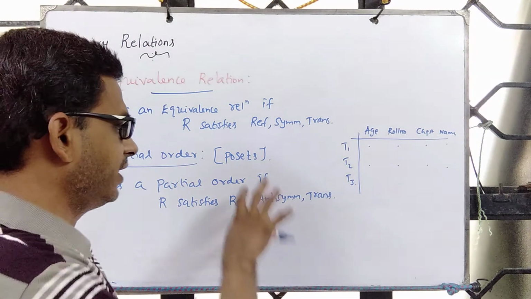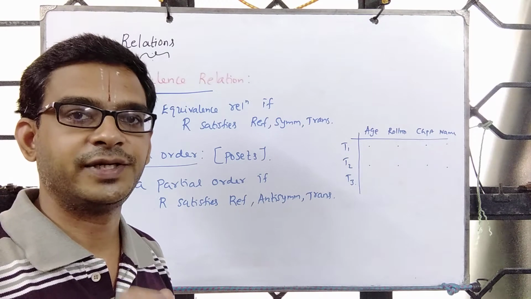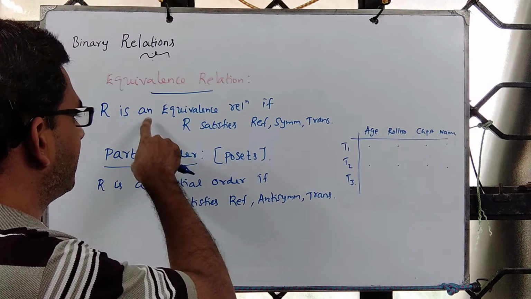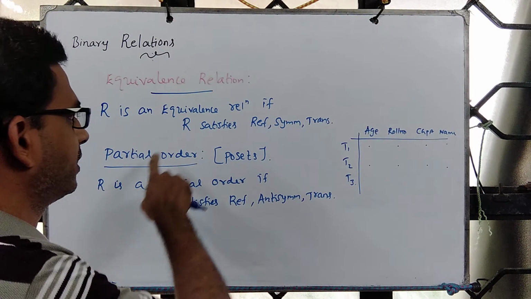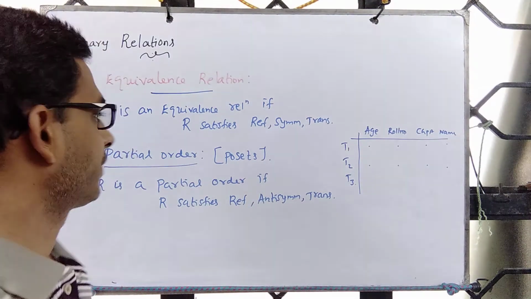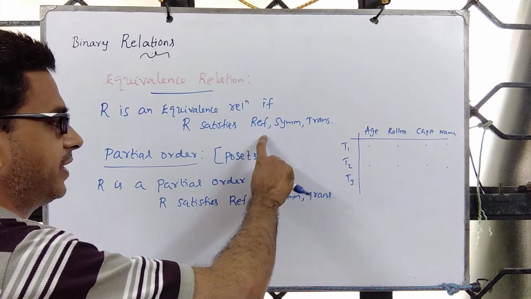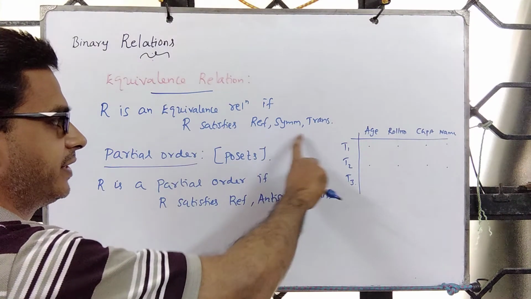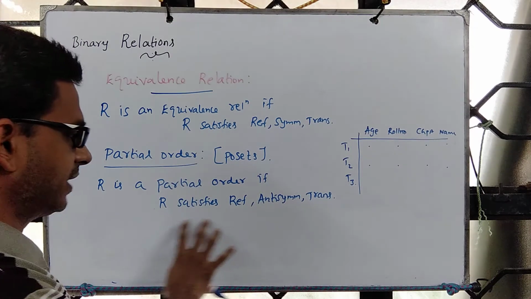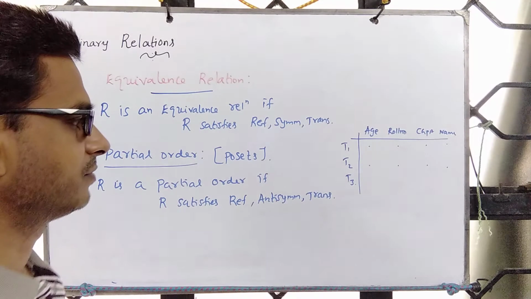So far we have seen relations satisfying atomic properties like reflexivity, symmetricity, and so on. Now we are defining two special relations. They satisfy more than one property. We say R is an equivalence relation if it satisfies RST, reflexivity, symmetricity, and transitivity. R is a partial order if it satisfies RAT, reflexivity, antisymmetric, and transitive.